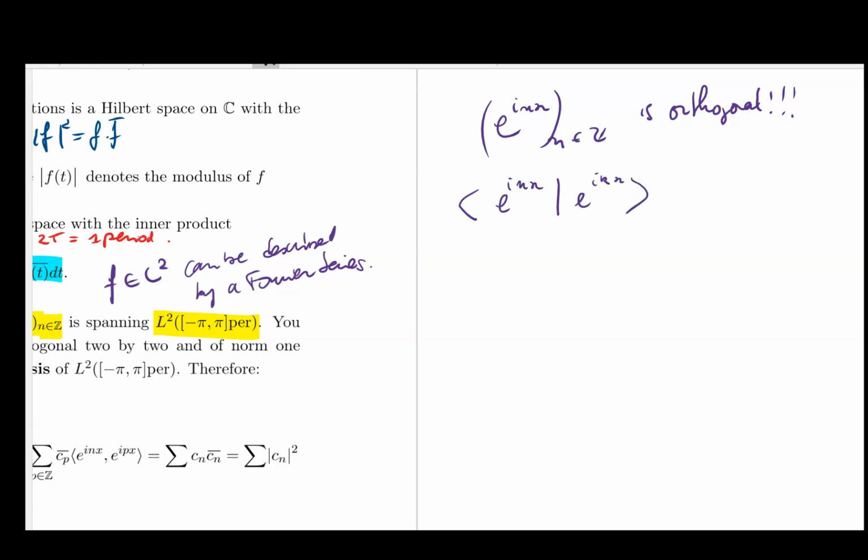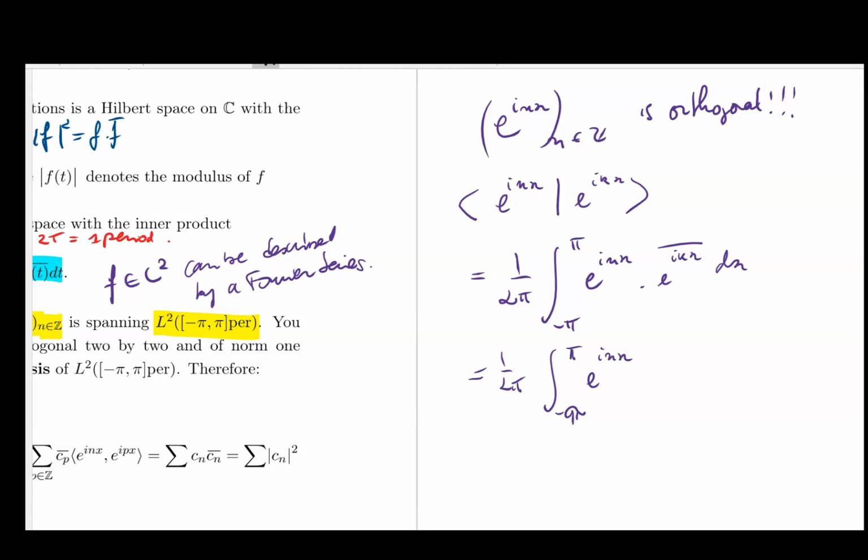That's going to be 1 over 2 pi, integral between negative pi and pi, just applying this inner product, of e^(inx) times the conjugate of e^(ikx), dx.